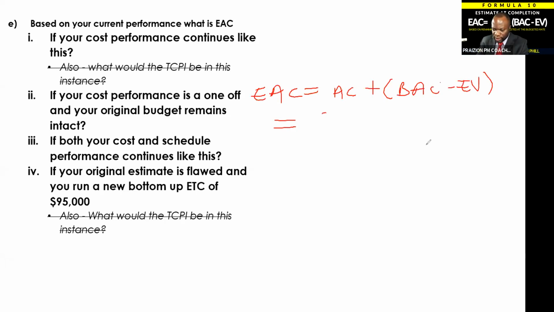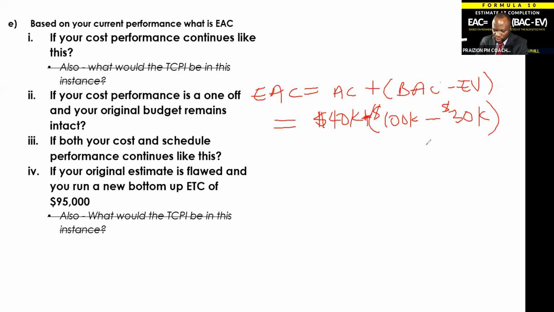So we say 40K plus the 100K minus the earned value, which is, what was the earned value? We got 3 done, right? It was not very good. 30K, good. Remember, this is all in dollars.